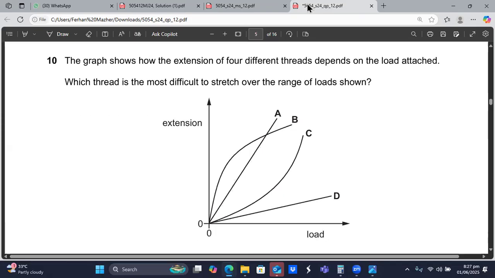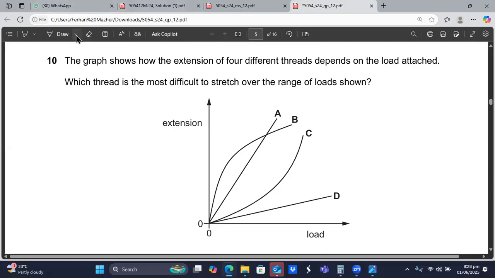He says the graph shows how the extension of 4 different threads depends on the load attached. Which thread is the most difficult to stretch over the range of loads shown? It's a very simple question. On the y-axis, the extension is given.